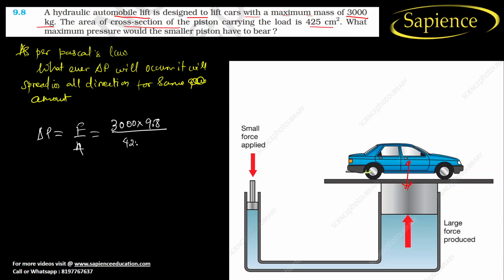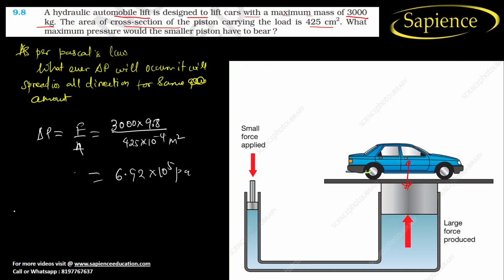So area is 425 into 10 to the power minus 4 meter square. I have converted the centimeter square into meter square. Now when we calculate this, we will get approximately 6.92 into 10 to the power 5 Pascal.